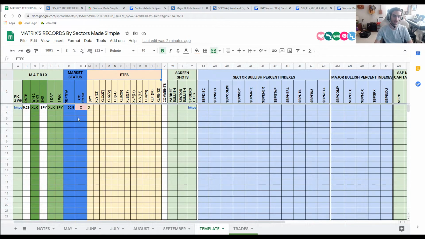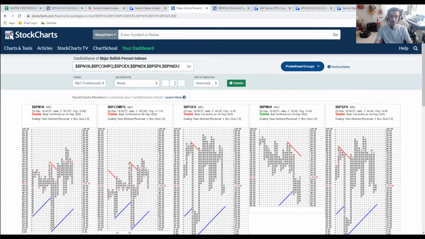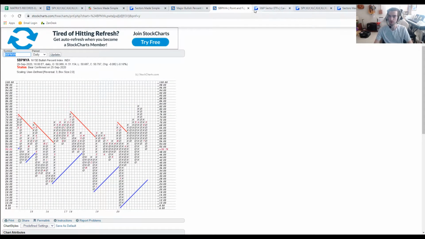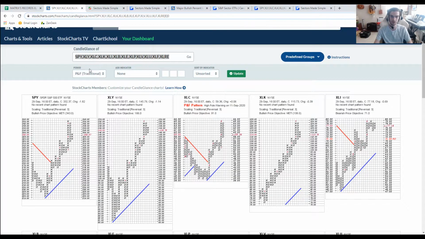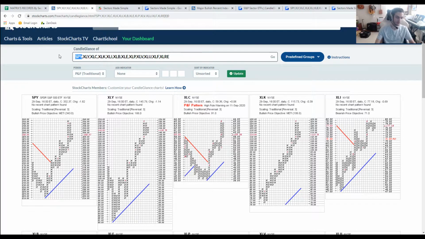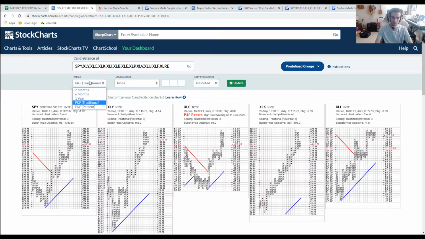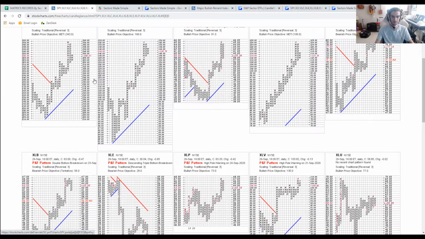The ETF section is where we put the direction for each one of these sectors. So if we went to charts and tools, and then our sector ETFs, our S&P sector ETFs, we replaced, this was originally $SPX, we changed that to SPY, which gives us these charts.